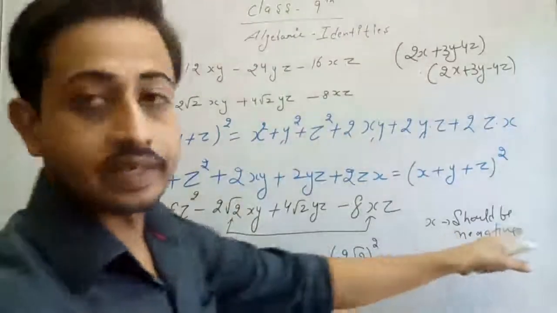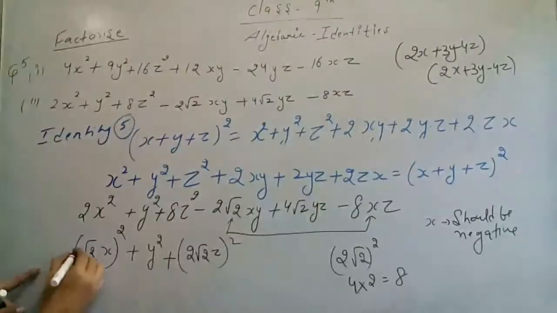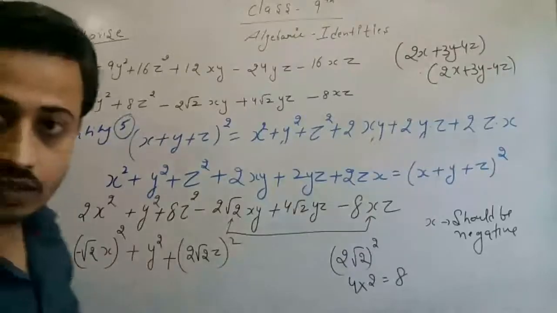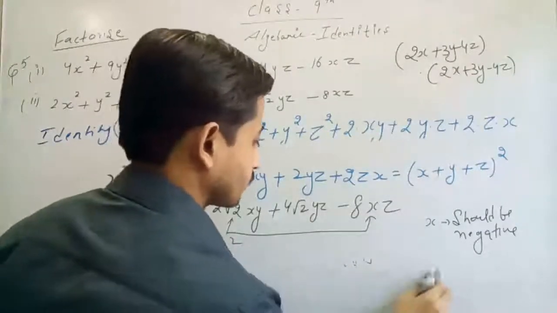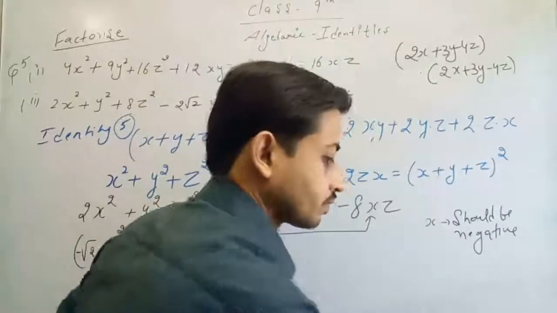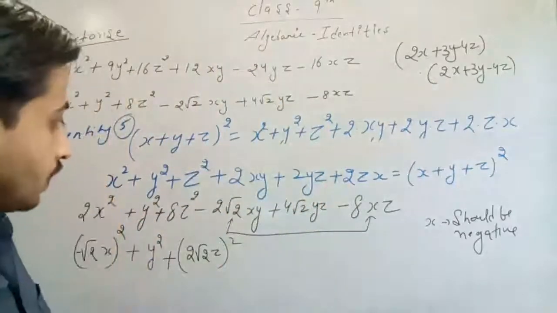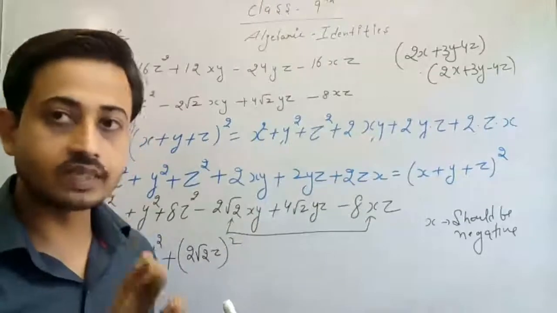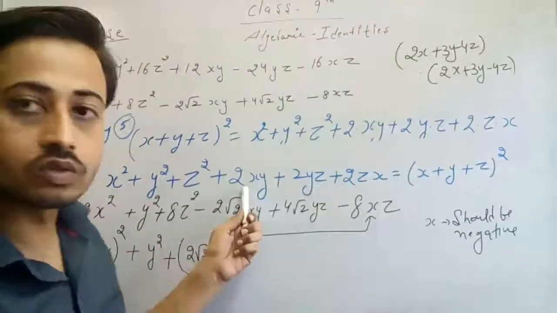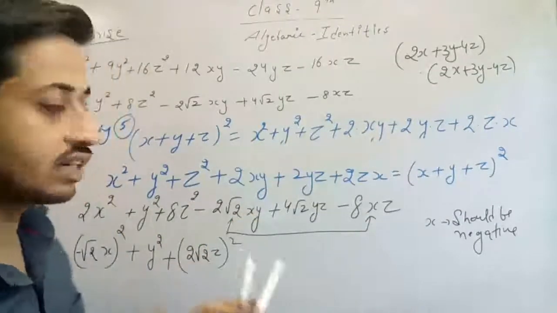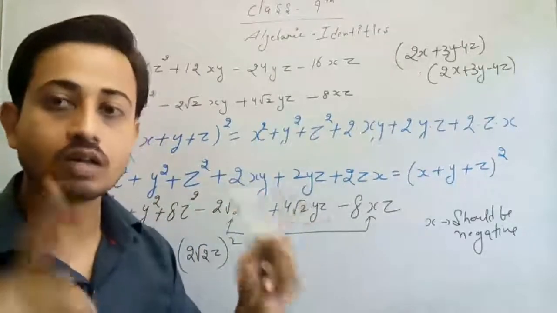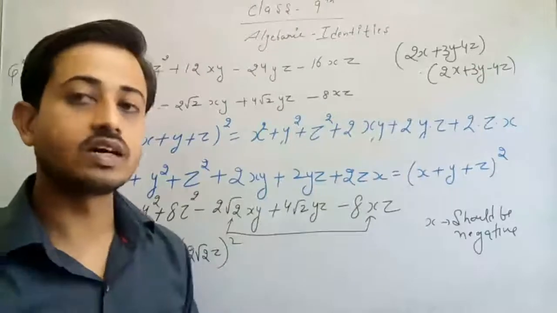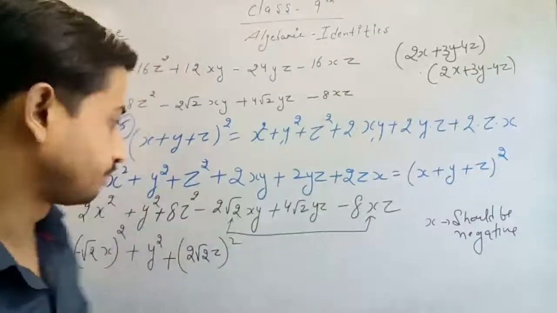Now x should be negative, so I am taking x as negative. Now please solve this. Now we got 3 terms. Now apply according to the identity and check whether we solve this and get the same terms or not. If we get the same terms, then we are doing it correctly.